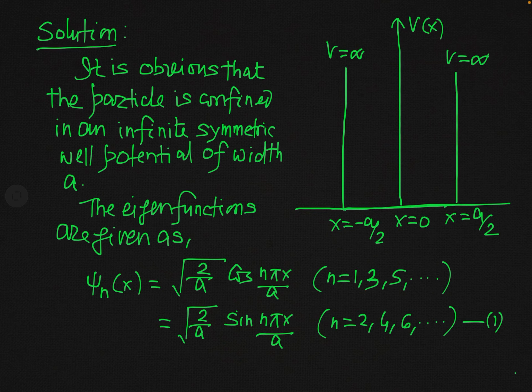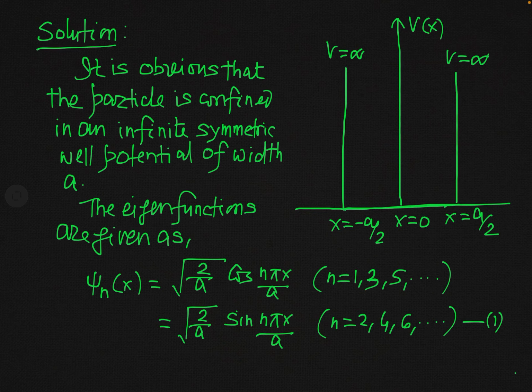In fact, this is the eigenfunction with the even parity, and the other is equal to root over 2/a sin(n pi x/a), where n equals 2, 4, 6 and so on. This is the eigenfunction for the odd parity.